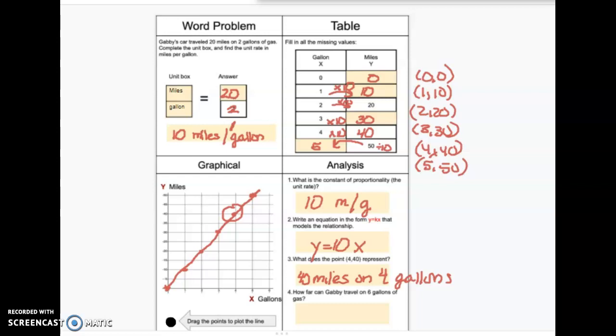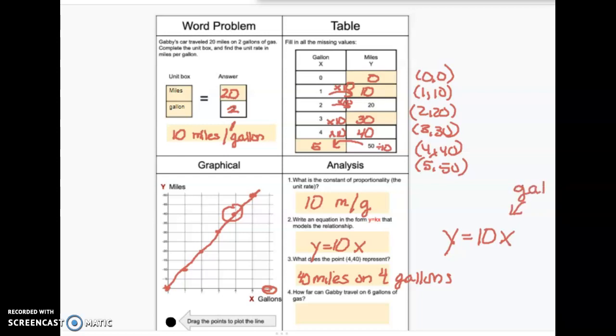And now, how far can Gabby travel on 6 gallons of gas? Well, let's look. The gallons is down here, right? So we want to know right here on 6 gallons of gas. So if we go up, we have to kind of estimate where it would be. But let's plug it into our equation. We know our equation is y equals 10x, where x is the gallons.